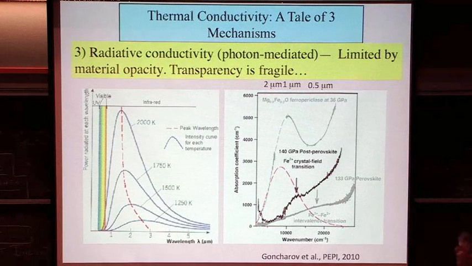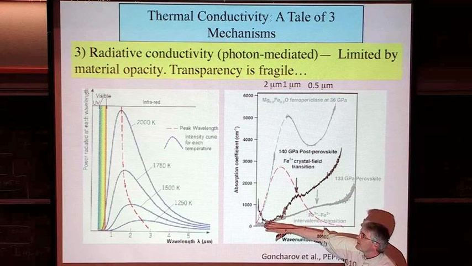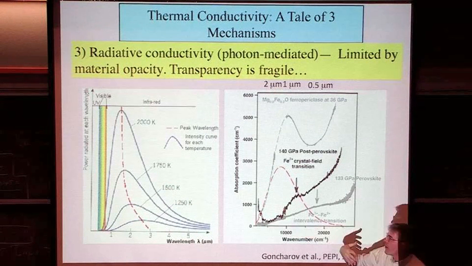Sorry about that. The key thing about this is that to get radiative conductivity to work, you really need a value on this scale of something on the order of 10, 20. This is a unit of absorption coefficient. It's essentially a measure of how far a photon can get before it is reabsorbed.